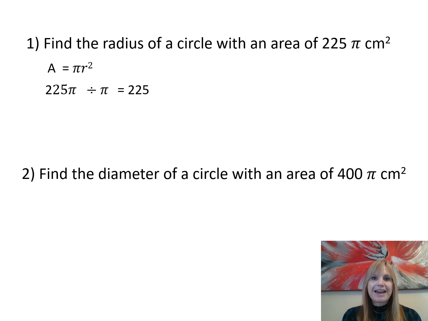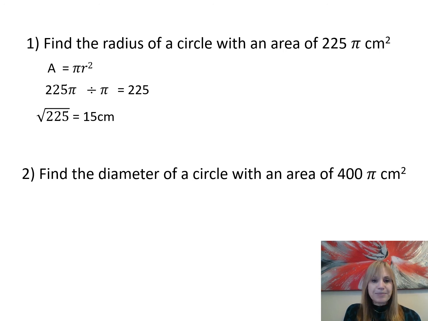Now what that leaves me with is the radius squared, and I don't want a squared radius. The question is asking me for just a radius. So to undo the squaring, I square root, and the square root of 225 is 15 centimetres. So the radius of this circle is 15 centimetres.